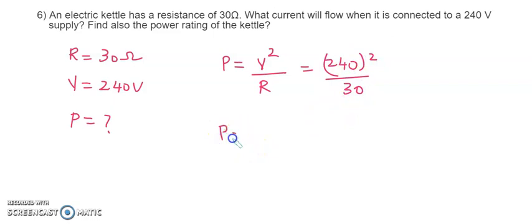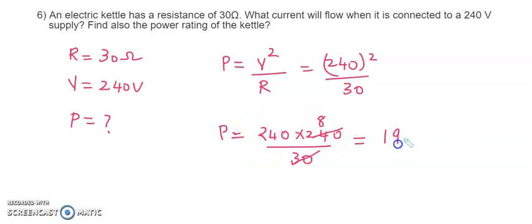So this can be written as 240 multiplied by 240 divided by 30. Can I simplify this as 8? Yes. Now 240 times 8 is going to give me 1920 watt. So in this one, we are using the formula of power as V square by R.